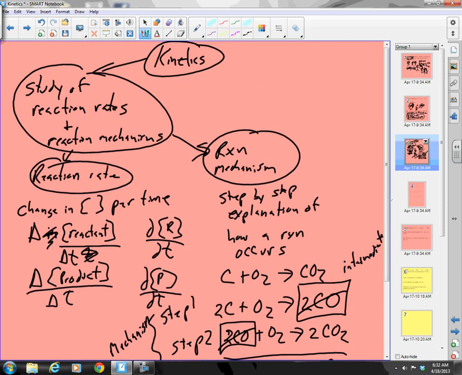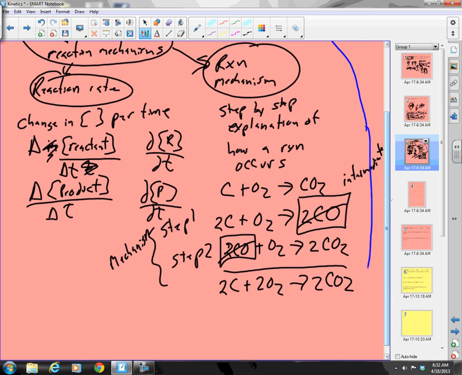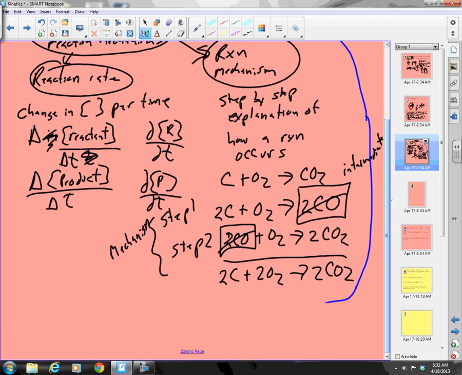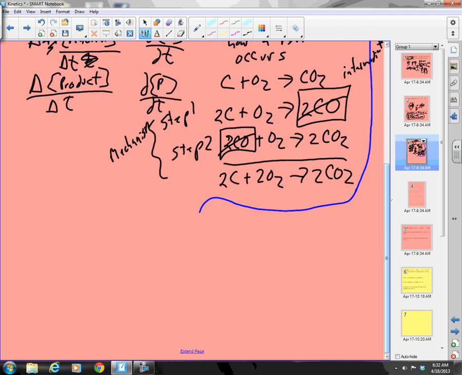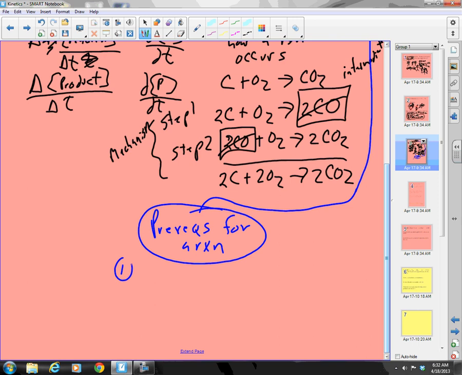And then we actually learned something else already today. Let's go down here. And that is what? Let's talk about prerequisites for a reaction. What must happen for a reaction to occur? Number one, there must be collisions between reactants.